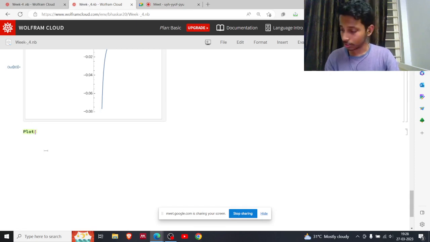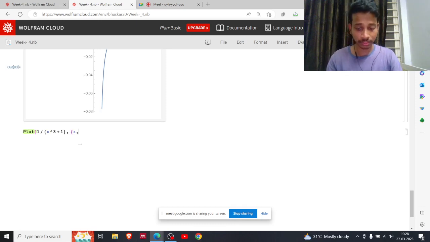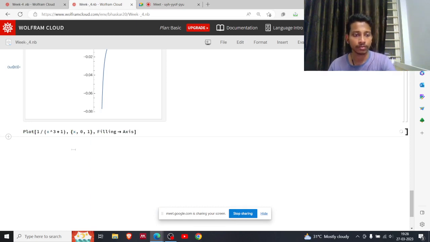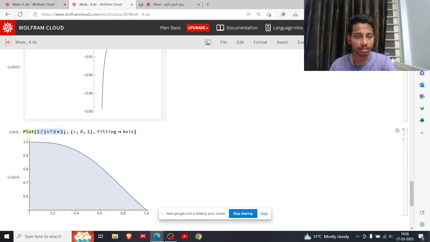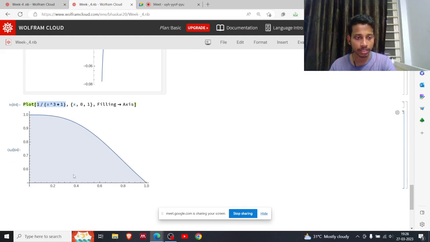So now if I plot a curve, x from 0 to 1, using axis, and integrate this function 1 by x cube plus 1, then it will give me the area under this curve.